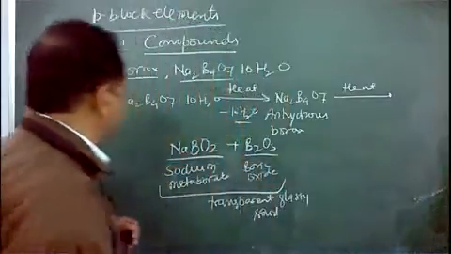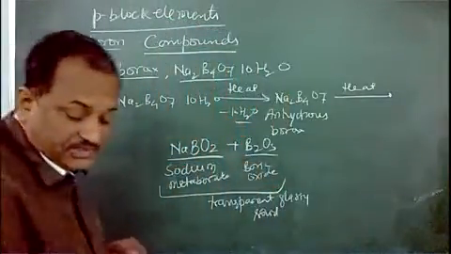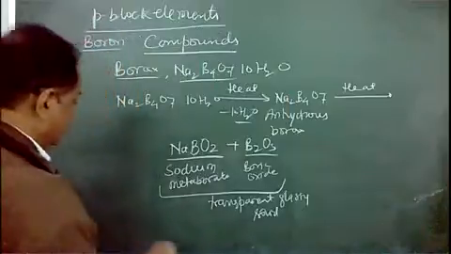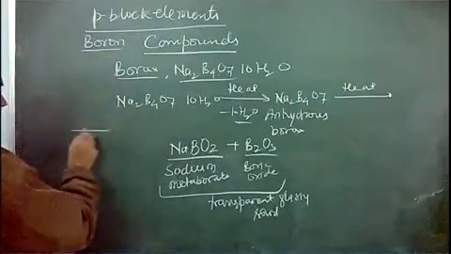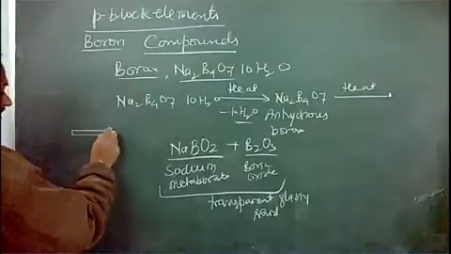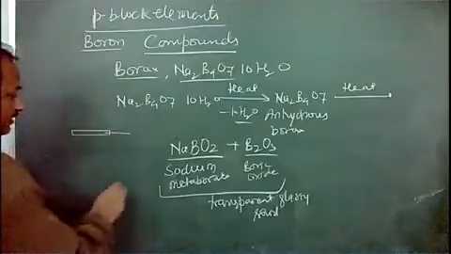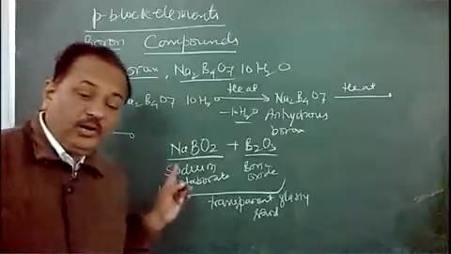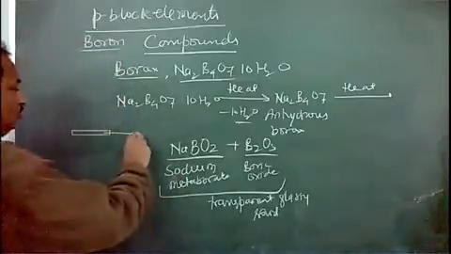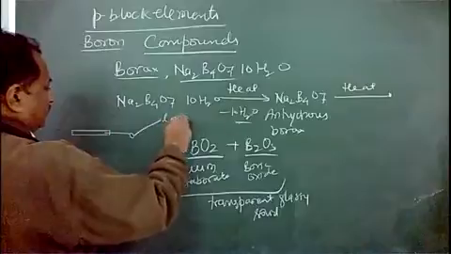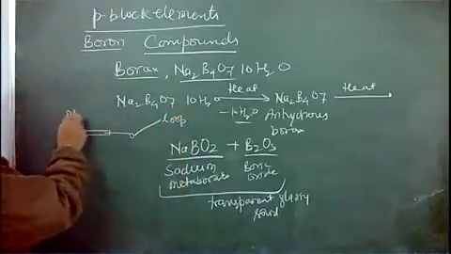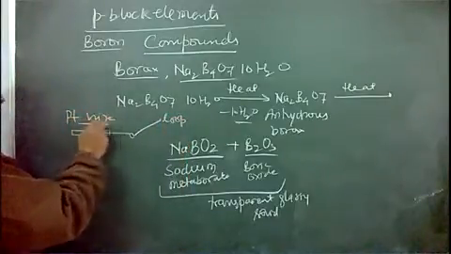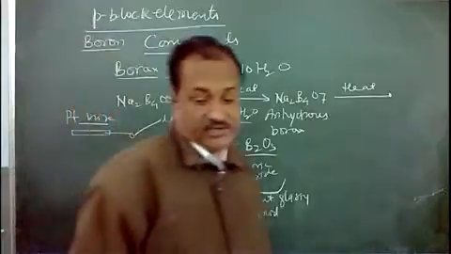So how do we do it? It is done using platinum wire. The platinum wire is sealed in a glass tube, and we make a small loop. This platinum loop is kept in all the chemistry laboratories.